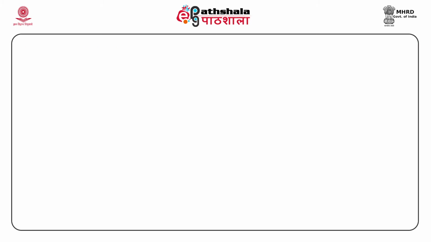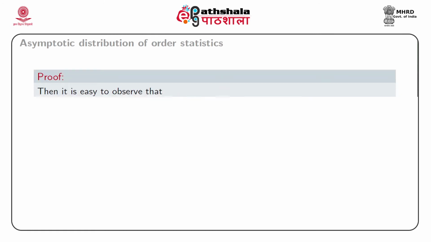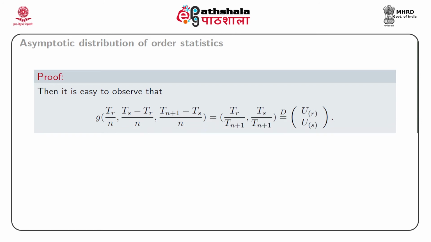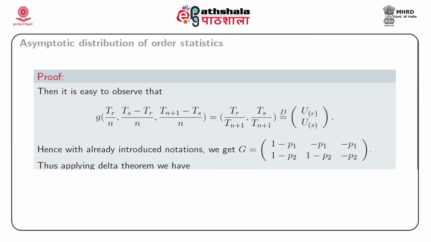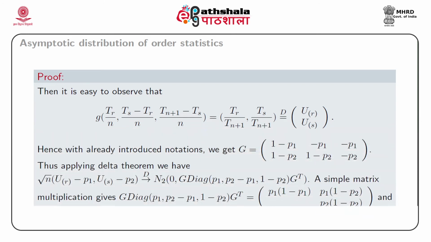Then it is easy to observe that g of T_r/n, (T_s − T_r)/n, (T_(n+1) − T_s)/n, that is if we substitute u1 as T_r/n, u2 as (T_s − T_r)/n and u3 as (T_(n+1) − T_s)/n, we find the two component vector with elements T_r/T_(n+1) and T_s/T_(n+1), and naturally it has the same distribution as U_(r) and U_(s).